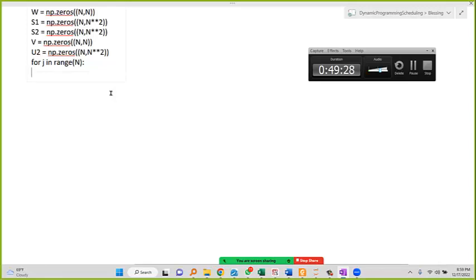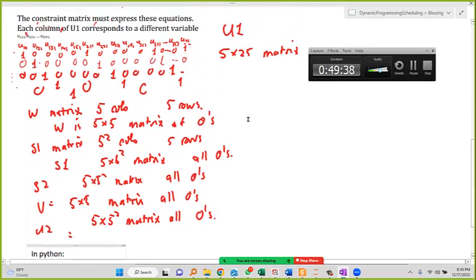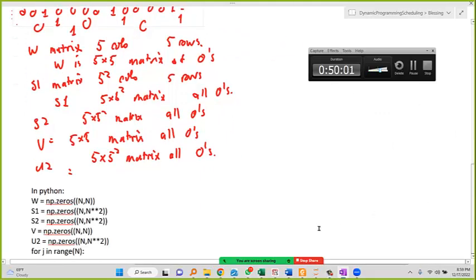Now, let's see. The first row has a 1 in the first U1. 0 1 2 3 4 5 6 7 8 9 10. Most of them are zeros, so I'm going to start with zeros, and then I'll add some ones.